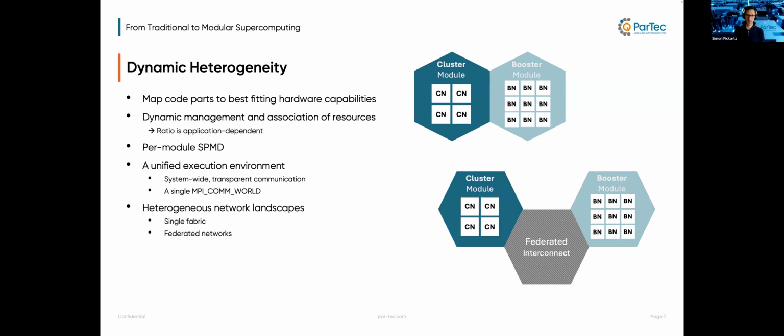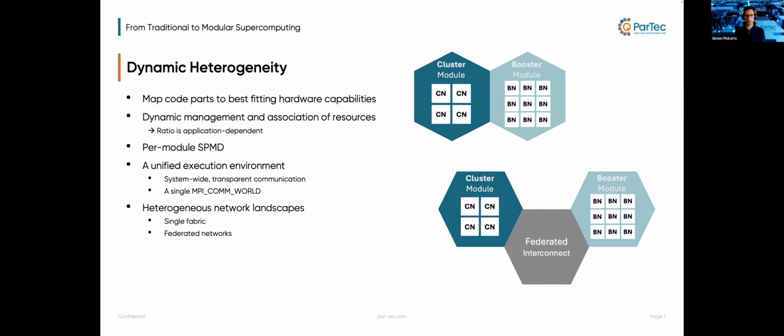Especially to note is that the goal, of course, is to provide the user still with a coherent view onto the system, so that the user is able to run, for example, an MPI session across both modules in a transparent way and does not have to deal with the fact that the underlying system is composed of different modules.